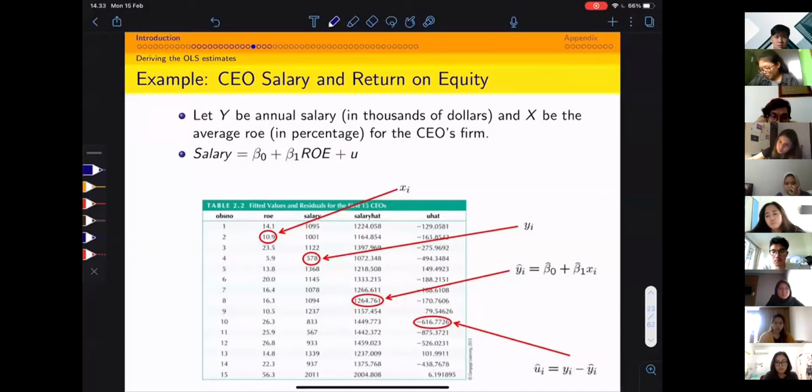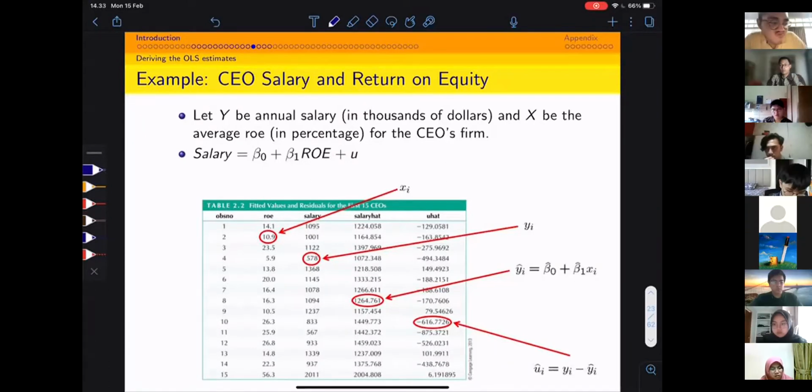Why don't we instead try to minimize the residuals themselves, the absolute residuals? That's my question.